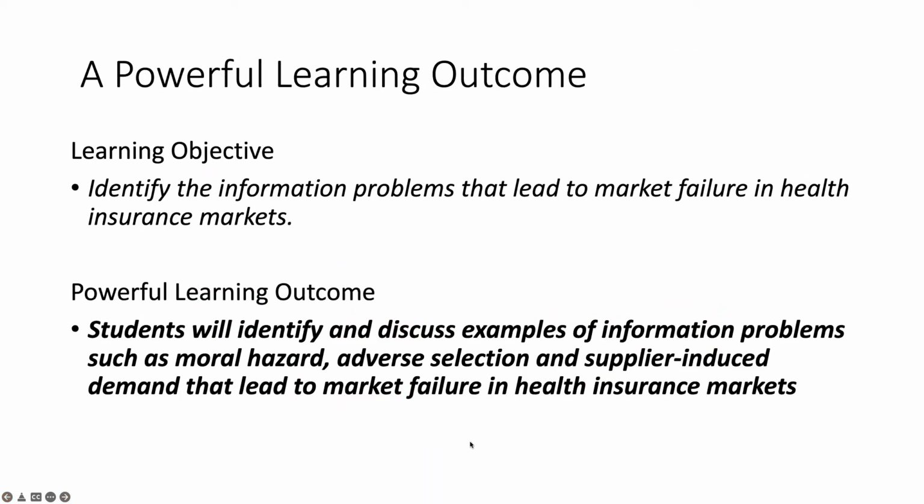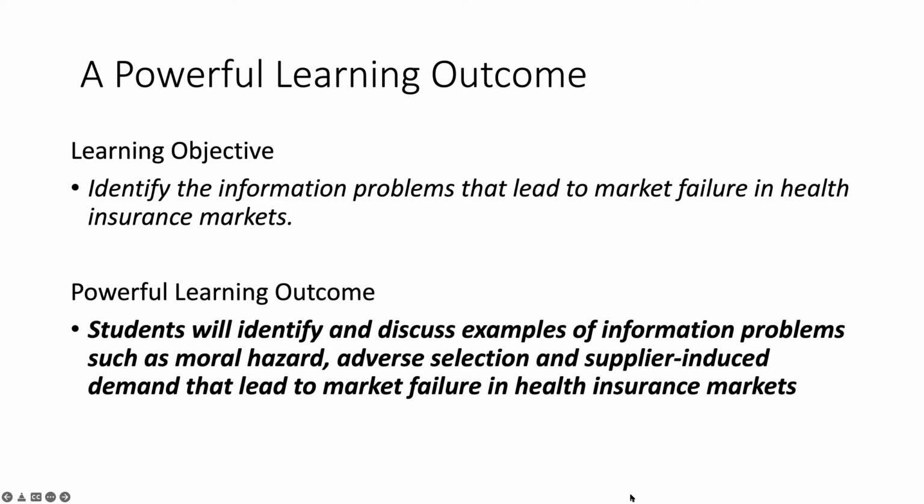So let's go on. The next slide shows you the difference between what I'm calling my initial learning objective and what I've turned it into. I would suggest that my initial learning objective is broader, which I started with, and turned into a powerful learning outcome that I ended with.